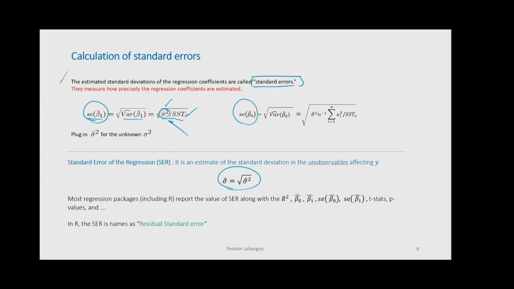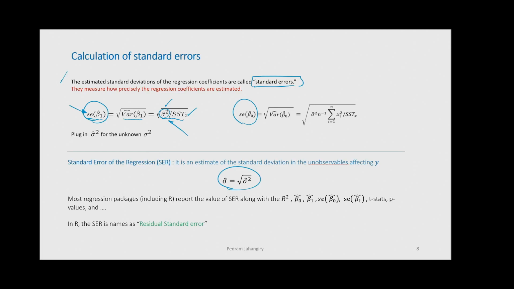Standard deviation is the square root of the variance in the population. Standard error, however, is the square root of the variance of, for instance, your estimate in the sample. Because it comes with an estimate, we call it standard error. It's not a standard deviation. But again, people use it interchangeably.